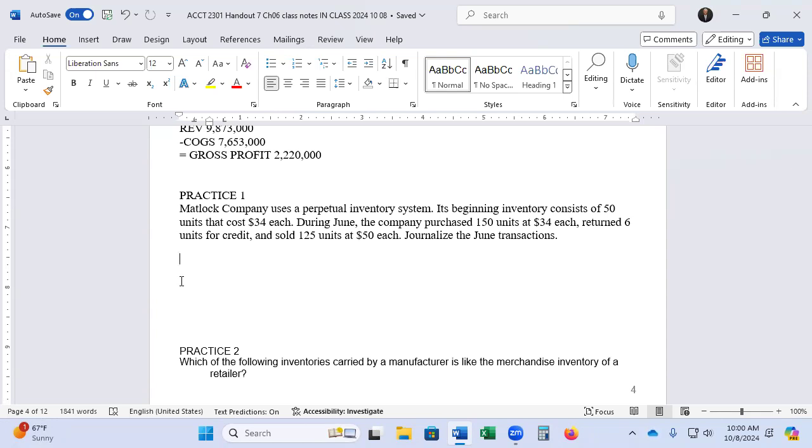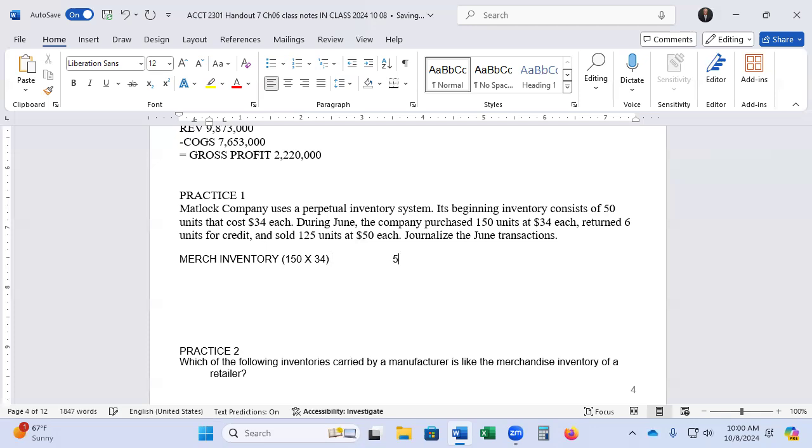Okay. All right, so it uses a perpetual inventory system that tells us that our transactions are going to be in the merchandise inventory account. And so it says during June, the company purchased 150 units. So we're going to add that to merch inventory. And it's going to be 150 times 34 units.